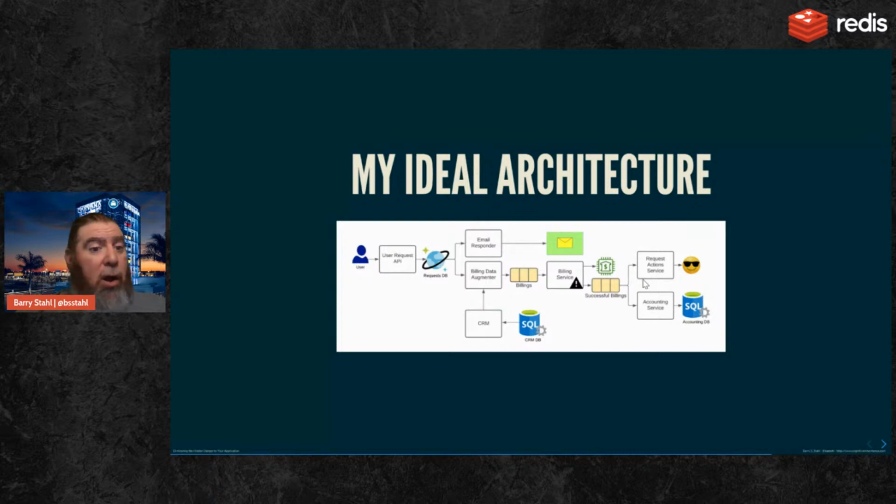Now, there is a cost that comes along with these things, of course. To me, this is actually a very simple thing. People say, well, this is a lot of additional complexity. Well, there is complexity in the fact that there's more boxes and arrows, but each of those services is very simple, very easy to understand.